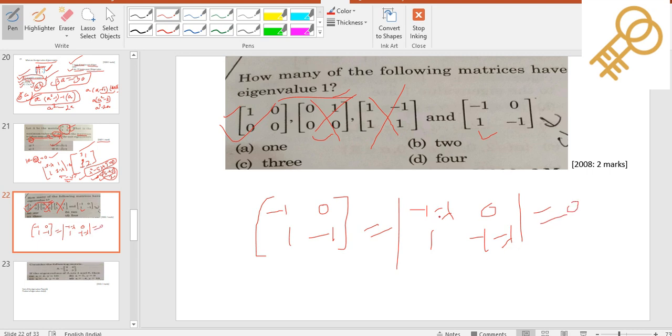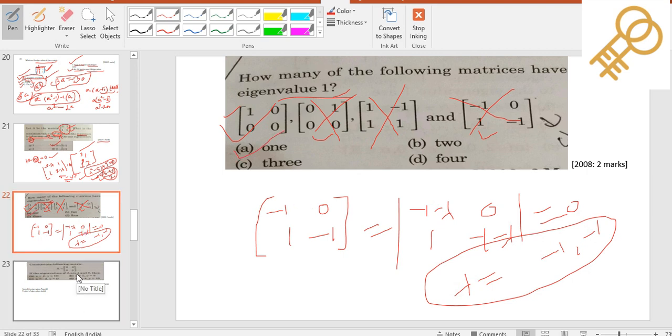When you solve this, you'll get two values of lambda, minus 1 and minus 1. So this matrix also does not have 1 as an eigenvalue. So there is only one matrix that has 1 as an eigenvalue, so option A will be the correct option.